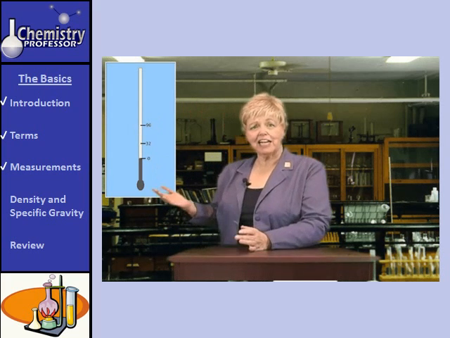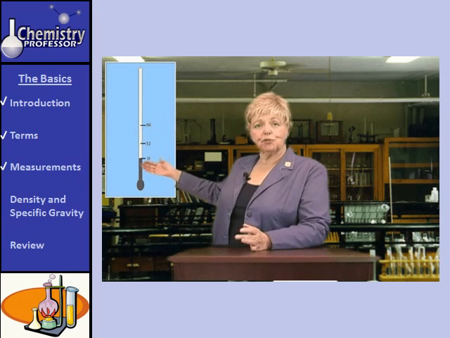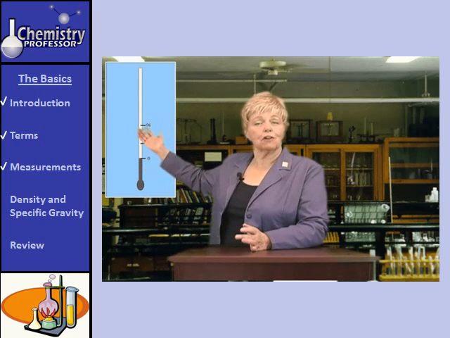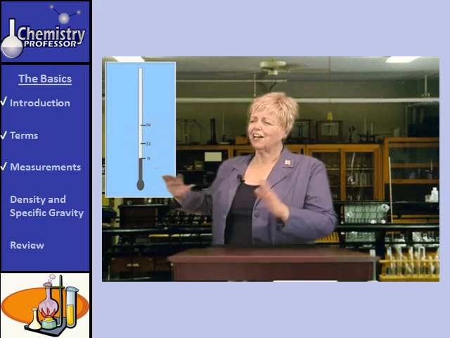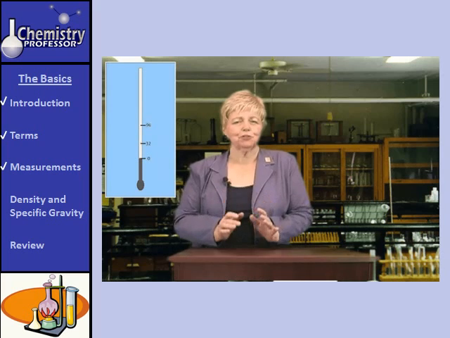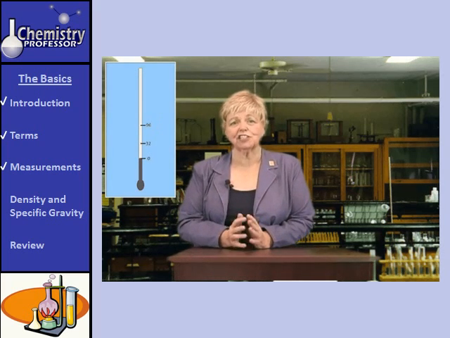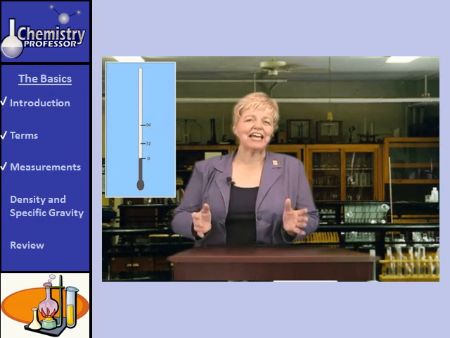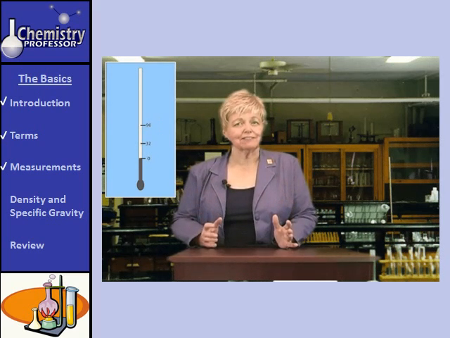And so he has his 3 points, 0, 32, and 96 on his scale. Now granted, scientists later went and tweaked that body temperature a little bit because we now know that it is closer to 98.6 on the average. But that is the way he set up this new thermometer.